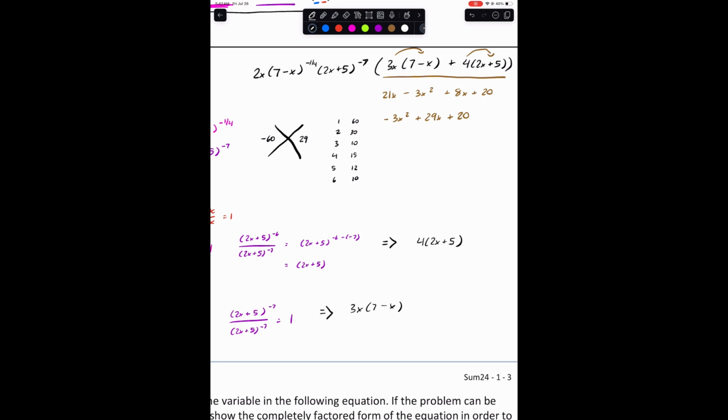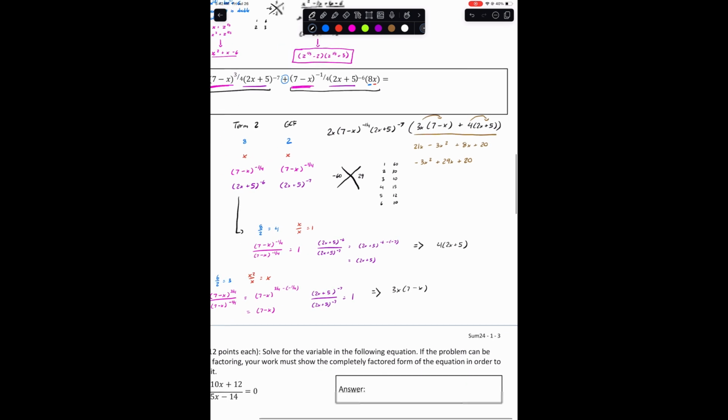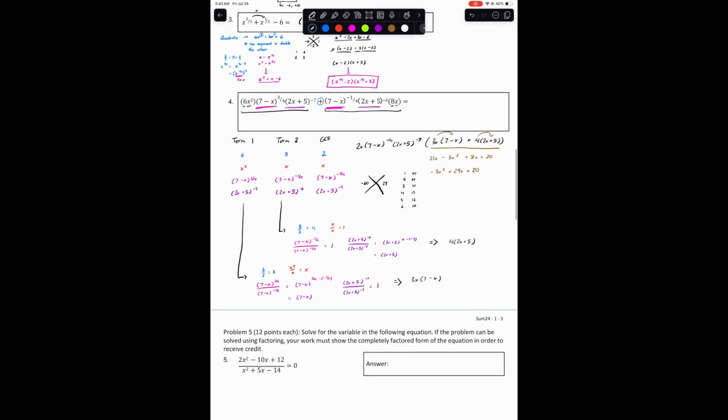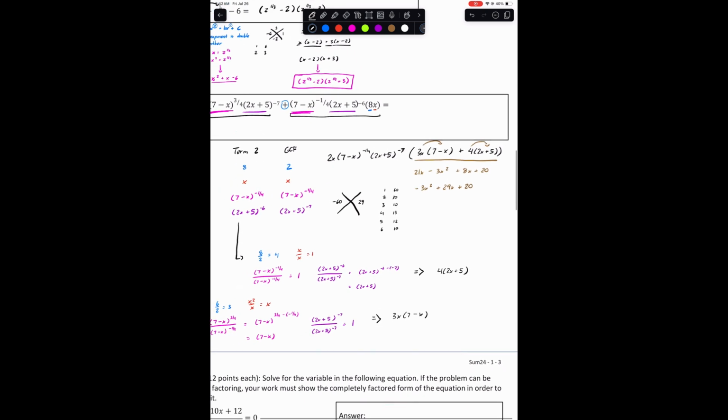There's nothing I can choose that gives me 29 when I add them up. So my final answer will just be 2x times 7 minus x to negative 1/4 times 2x plus 5 to the negative 7 times negative 3x squared plus 29x plus 20.